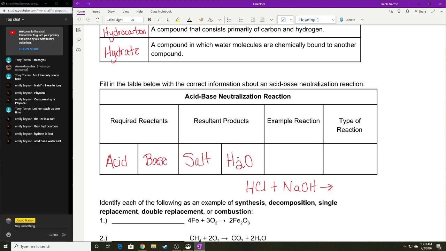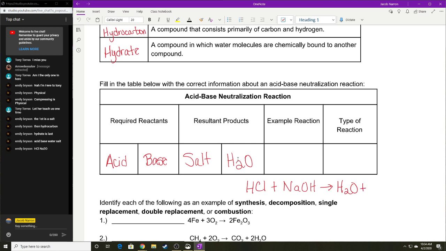This is just a double replacement reaction. If you check your reference tables, you'll see that it's AB plus CD equals AD plus CB. So hydrogen and hydroxide are going to come together, and that makes HOH, or in other words, water.